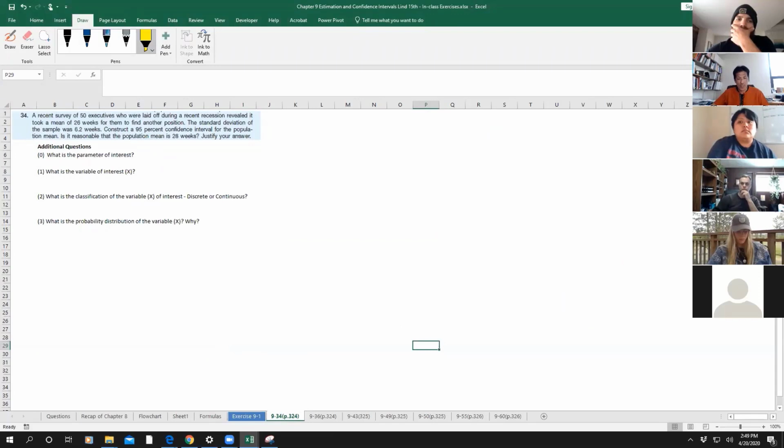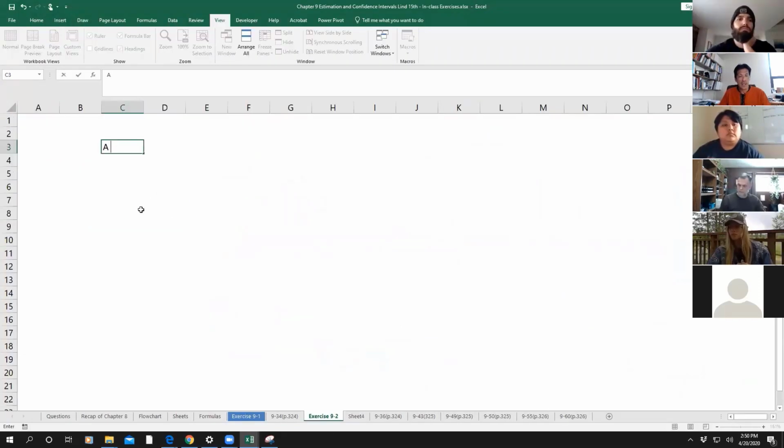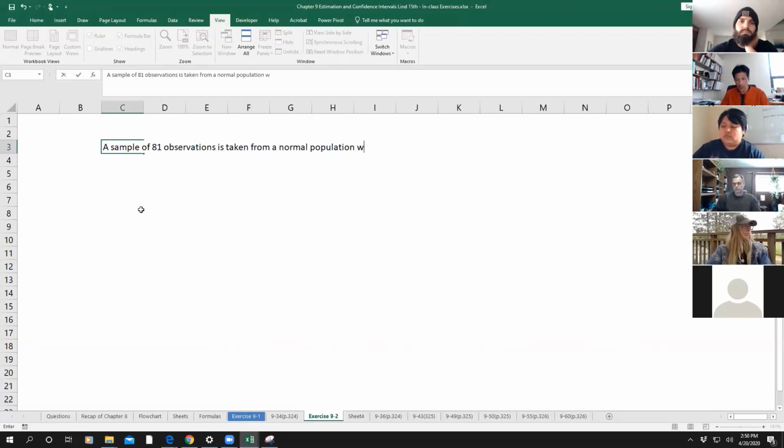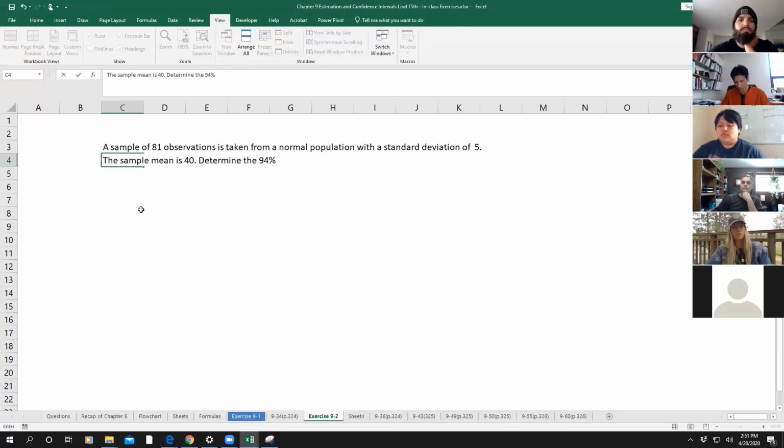Problem 2 from your textbook. So here is a sample of 81 observations taken from a normal population with a standard deviation of 5. The sample mean is 40. Determine the 94% confidence interval for the population mean.